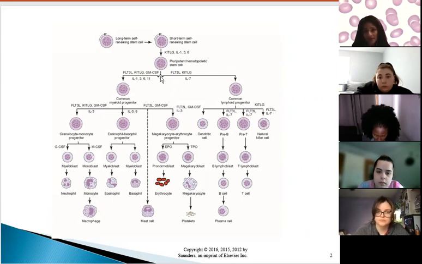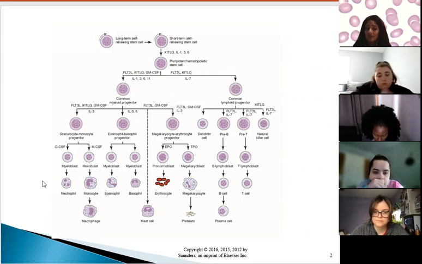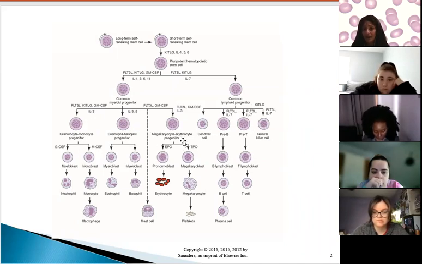Okay, this stem cell right here can either turn into a common myeloid progenitor cell or a common lymphoid progenitor cell. So from the common myeloid cell, you get the white blood cells, okay? You get cells like the neutrophils, the monocytes, the eosinophils, and the basophils, also the mast cells and the macrophages, and also the megakaryocyte.